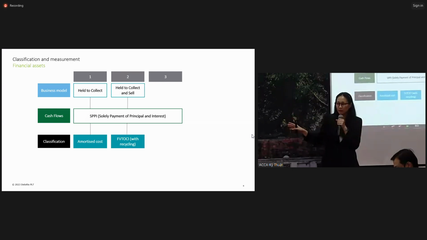In the previous version of IFRS, we had this direct to equity, so there was no such thing as OCI back then. But when they introduced OCI, it was to replace that direct to equity, so we will see it going through the OCI into the equity reserve.